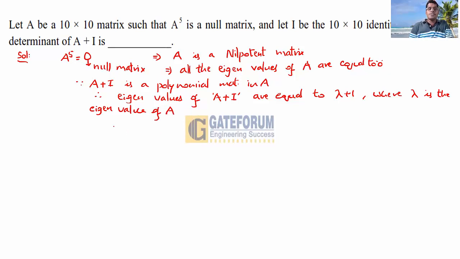So, therefore, lambda value is nothing but here 0. We got nilpotent matrix. A is nilpotent matrix. We prove.